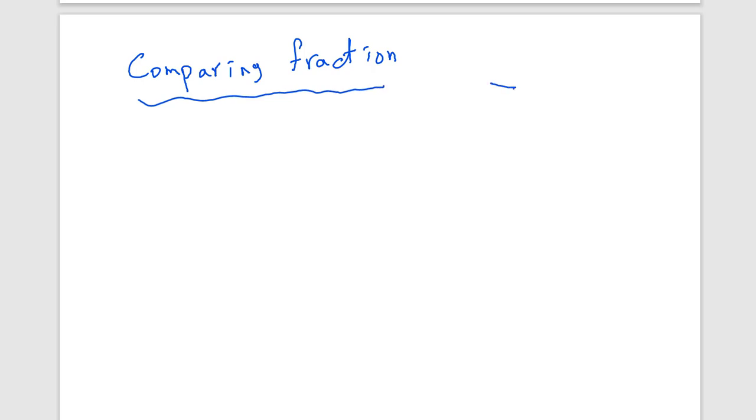Okay, my heroes. The next point is comparing fractions. What do we mean by comparing fractions? We mean that we need to know if we should use greater than, less than, or equal for the two fractions that we are comparing.